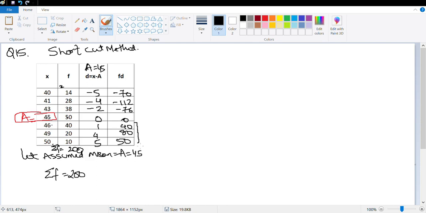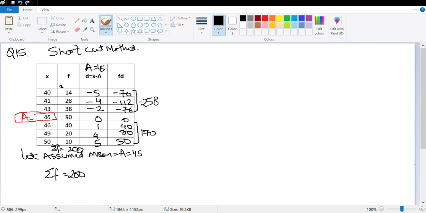I always recommend adding negatives separately and positives separately. So 8 plus 4, 12 plus 5, 17. So this is 170. Let's add this. 6 plus 2, 8. 7, 8, 15. Negative 258. Let's check this once again.